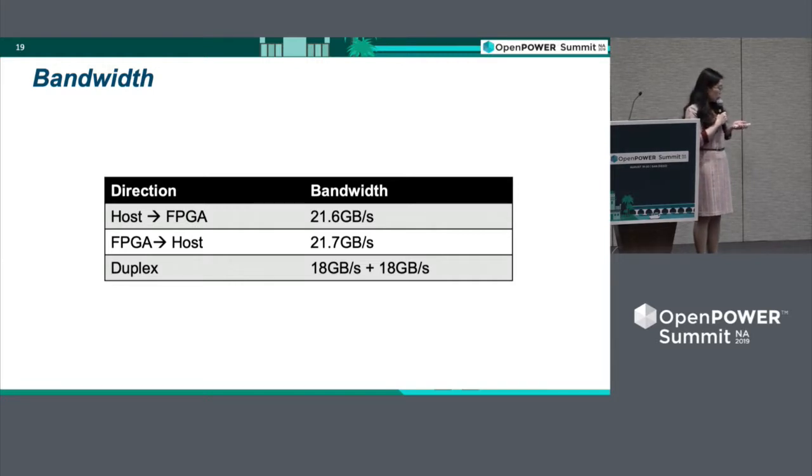If you move data from FPGA to host, that means FPGA writes something, and the bandwidth is similar. If FPGA sends read and write requests at the same time, this is the duplex case, we can get both at about 18 gigabytes per second.